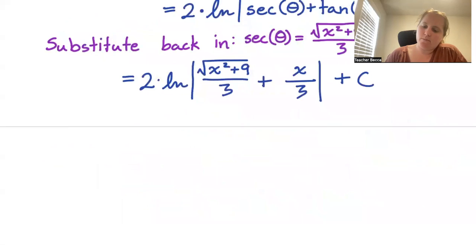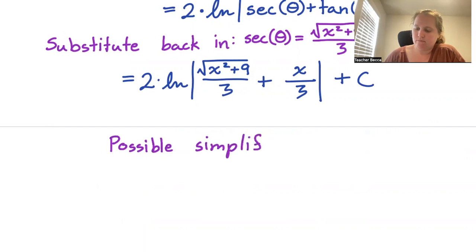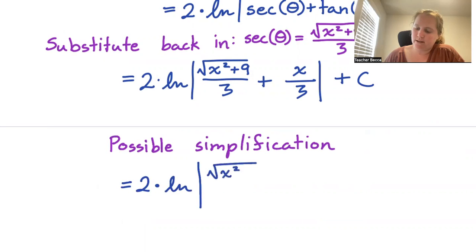So from here, a possible simplification. We have, this is equal to 2 times the natural log of the absolute value of the square root of x squared plus 9, and then plus x, all in the numerator, and then divided by 3.